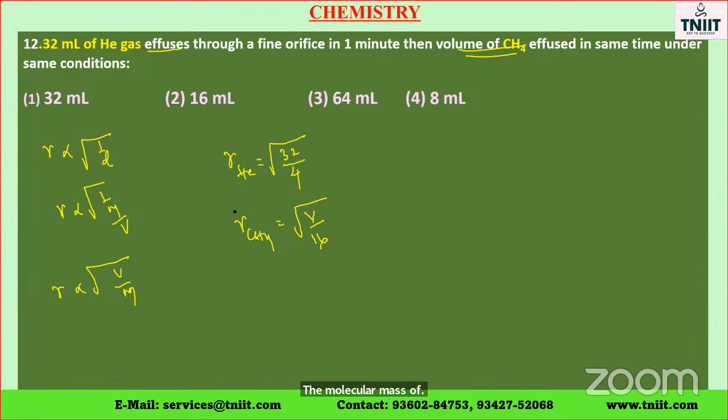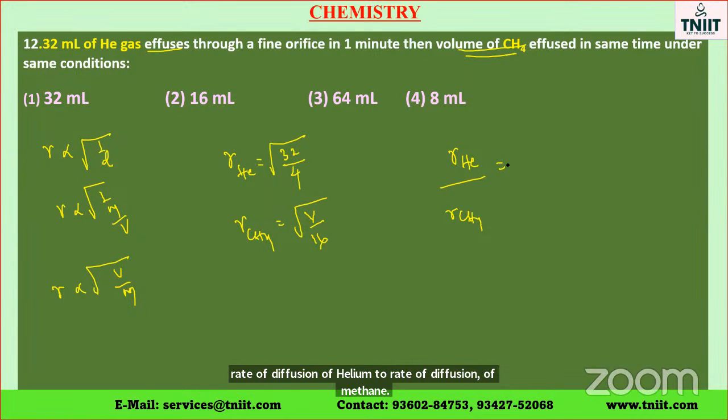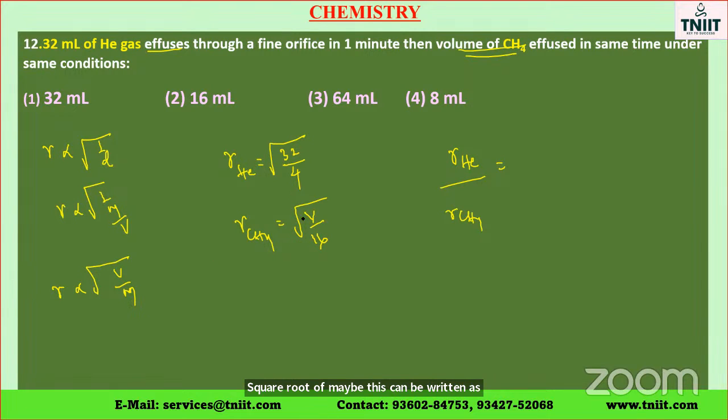So if you take the rate of diffusion of helium to the rate of diffusion of methane, it will be the square root of 16 by 4, that is equal to 32 by the volume of methane, that will be equal to 2.